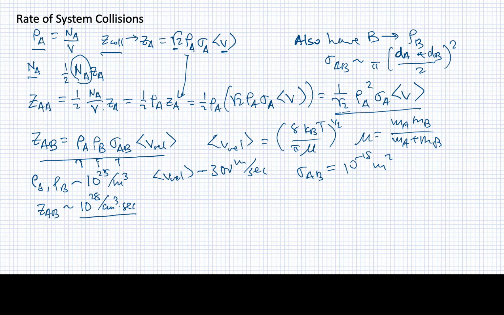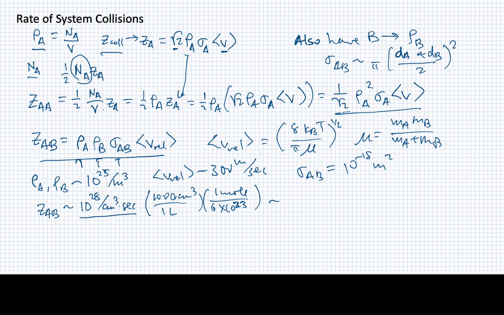Now, we're not used to thinking in terms of number densities, so what we may want to do is convert this into quantities like moles instead of numbers of molecules and liters instead of centimeters cubed. So if we do that, we'll multiply this by 1,000 centimeters cubed per 1 liter and multiply by 1 mole over 6 times 10 to the 23rd down here.